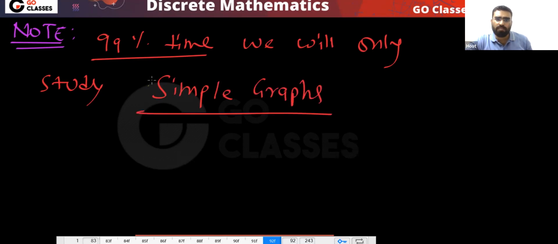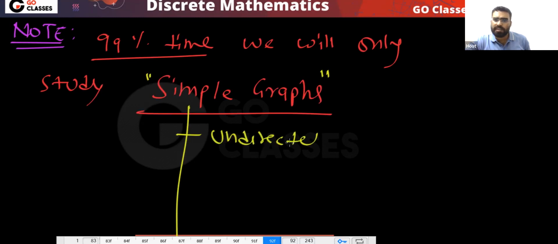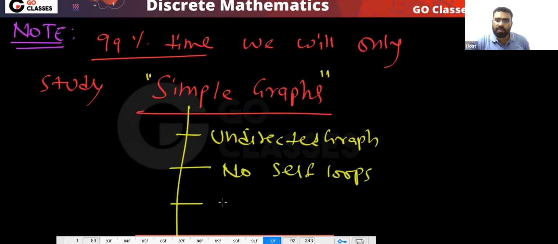Simple graphs you already know. Simple graphs mean undirected, no self loop, and no multi edges. So this type of graph we will study most of the time.